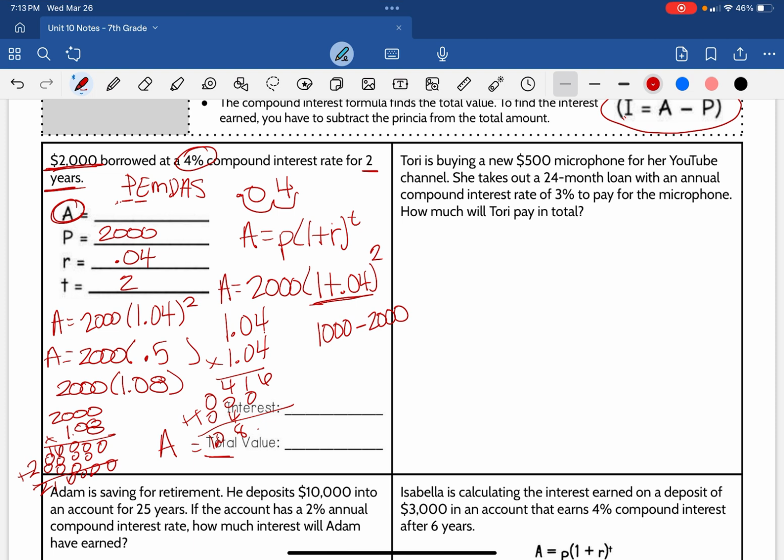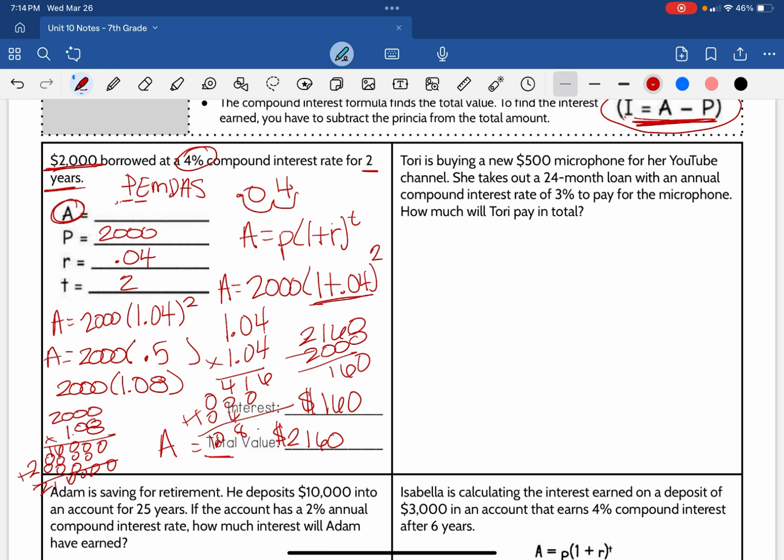And the total value is 2,160. Sorry about that. So the interest, to find that, you look right here. It tells me my total of 2,160 minus my principal of 2,000. So my interest is $160. That was kind of messy. Hopefully I can do better on the next one.